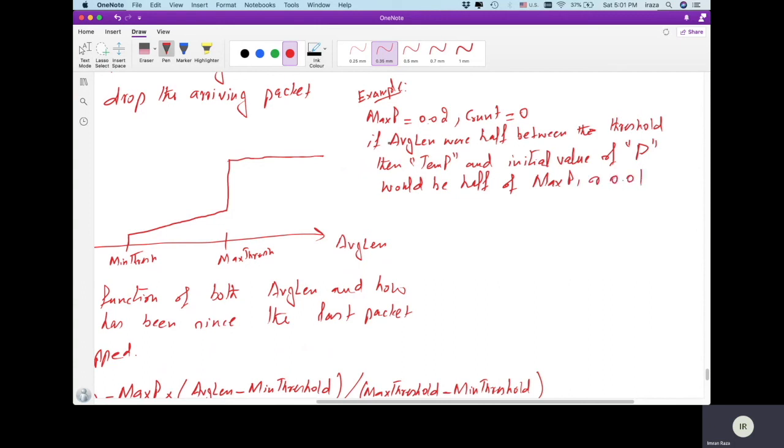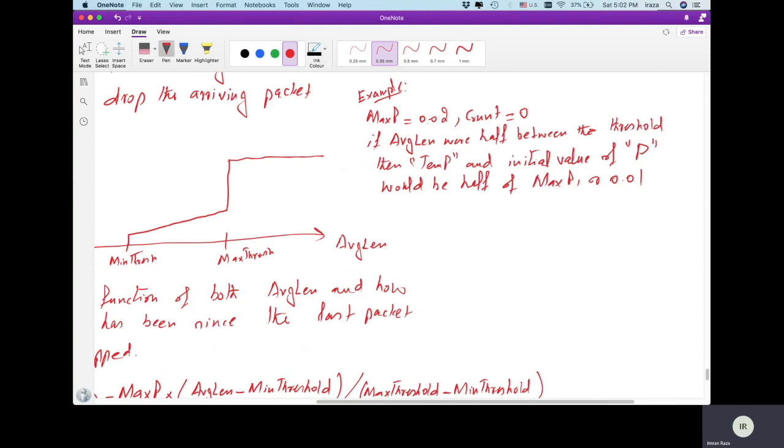So what's the scenario? We have a scenario where max P is 0.02, the count is 0, and the average length is between the two thresholds. Then the value of temp P and the initial value of P is half of max P, or 0.01.